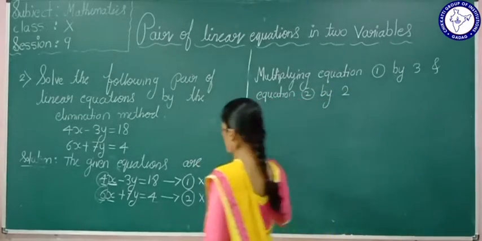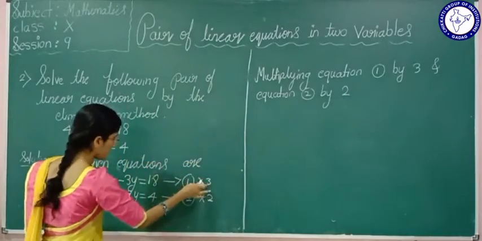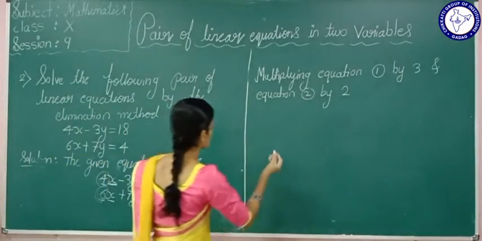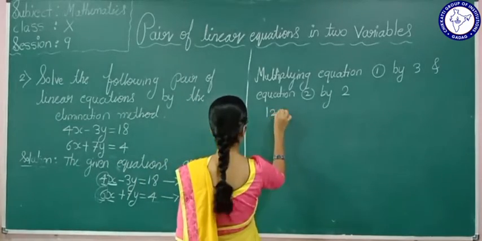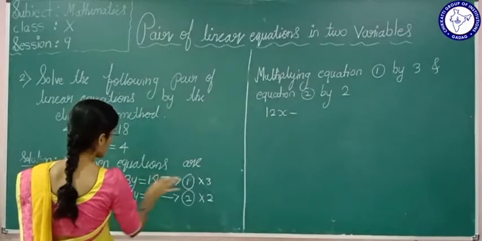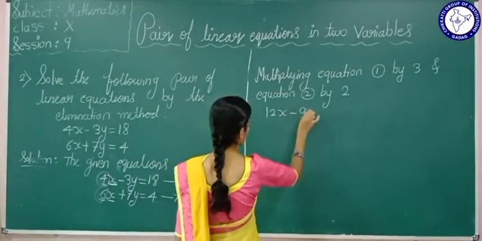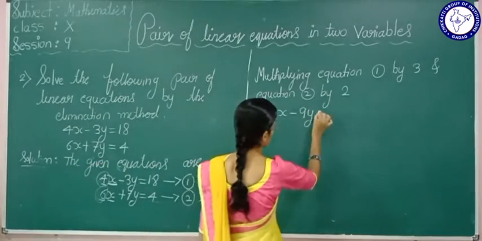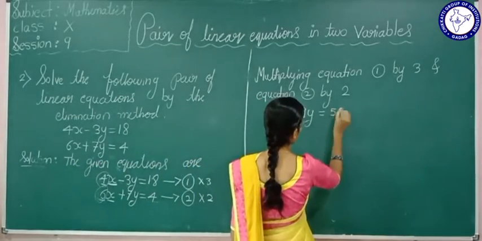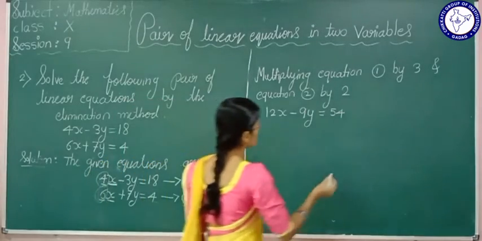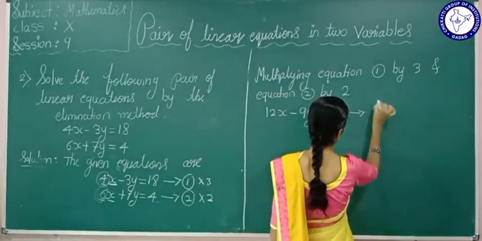Equation 1 by 3, equation 2 by 2. 4 3s is how much, students? 12. It is 12x. Minus is there: 3 3s are 9y, and 18 3s are 54. Call this equation number 3.